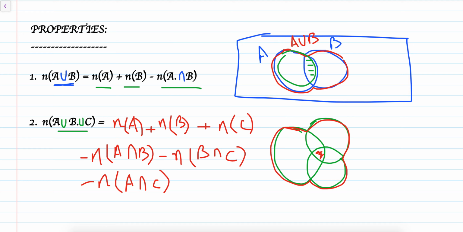And this region we have, this was common to all the three: B intersection C, A intersection B, and A intersection C. So we have subtracted it 3 times. So we will add this region again.